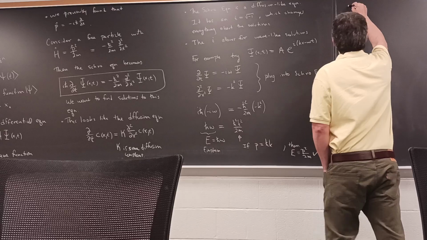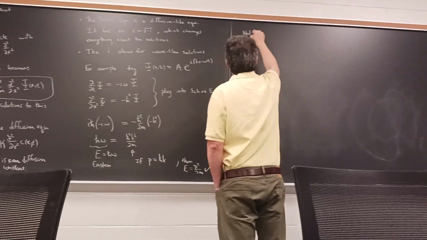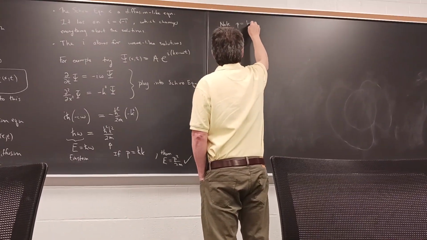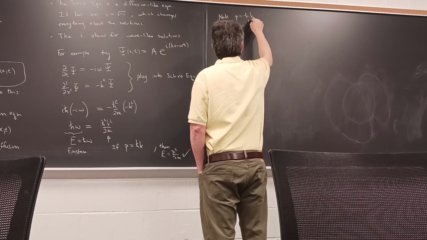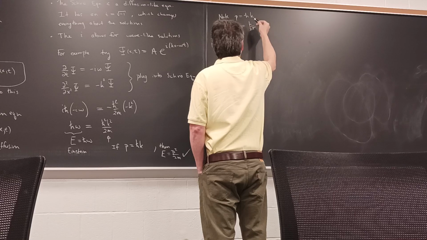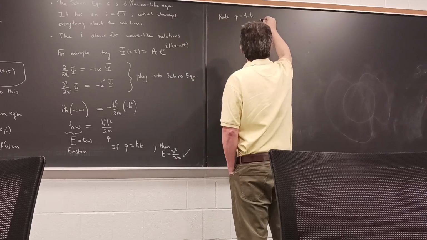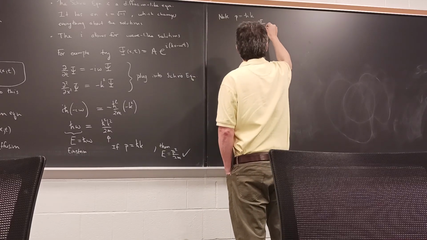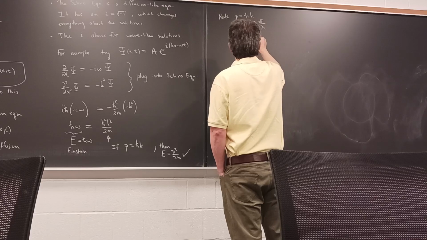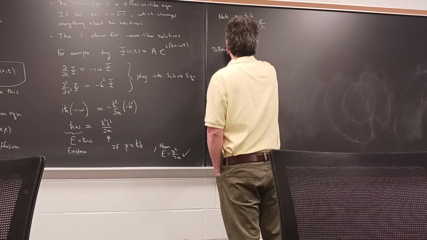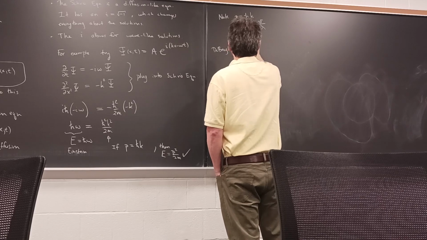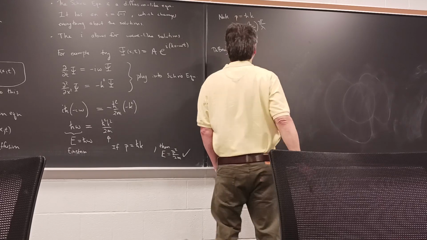And note that this equation here, P equals h bar k, is the de Broglie relation. h bar is h over 2 pi, and k itself is 2 pi over lambda. So this is h over lambda, and that's de Broglie's relation.